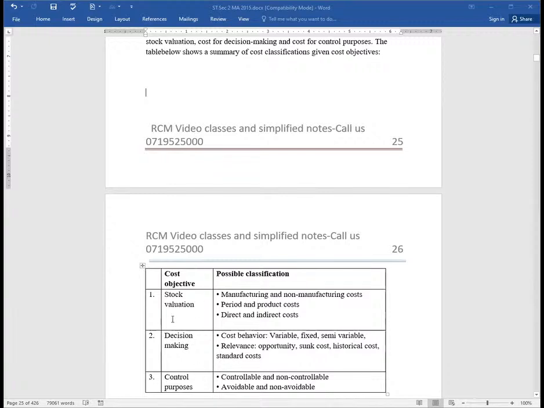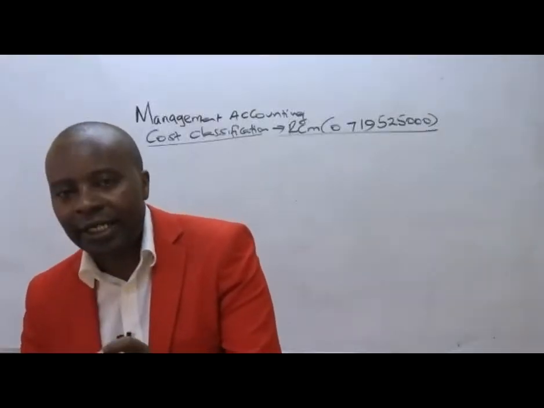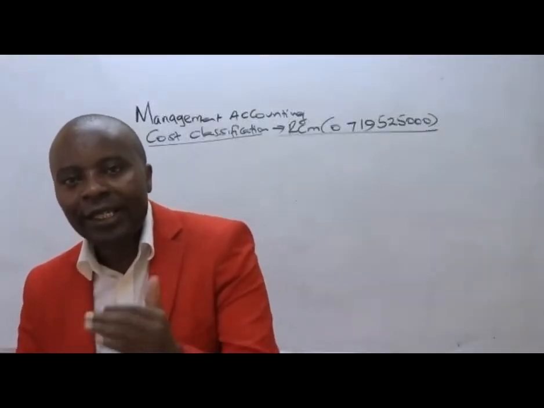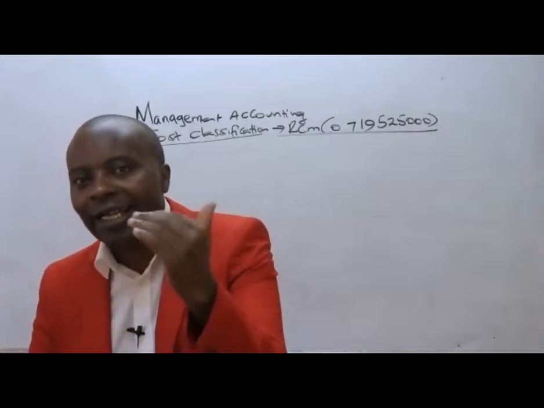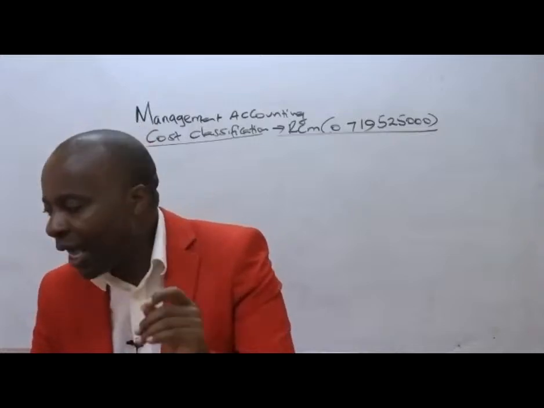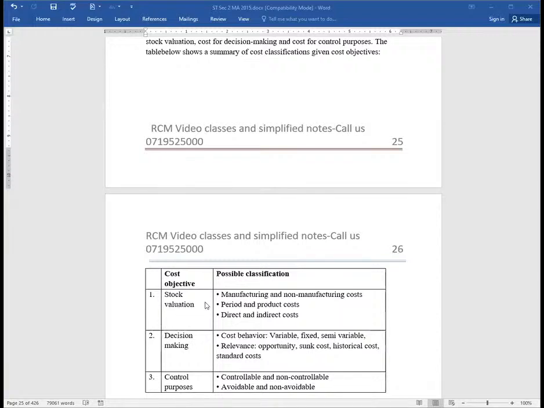So if you have a cost objective of stock valuation, then what will be some of the classifications of costs under stock valuation that we shall be having? Ladies and gentlemen, here we are told under stock valuation, we are going to have two types of costs. We could have, for example, what we call manufacturing and non-manufacturing costs.